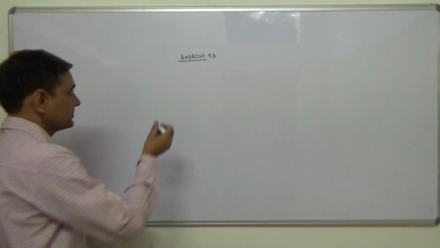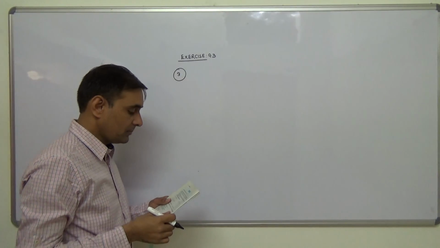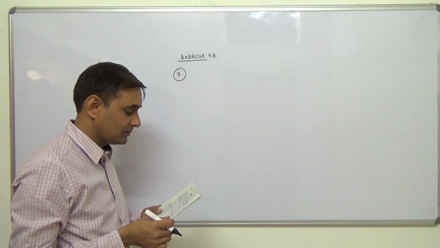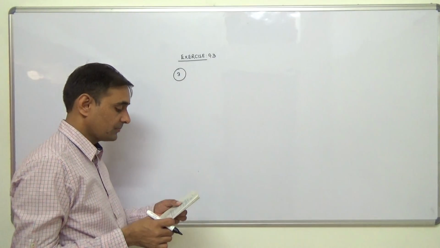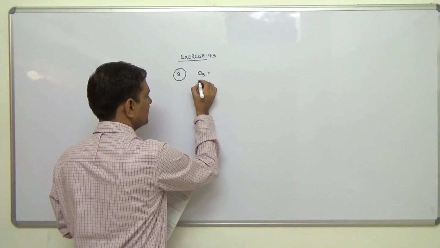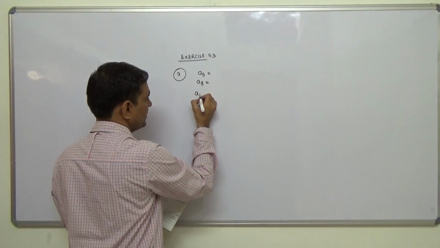Question number 3 is: 5th, 8th and 11th term of a GP are P, Q and S respectively, then show that Q square is equal to PS.